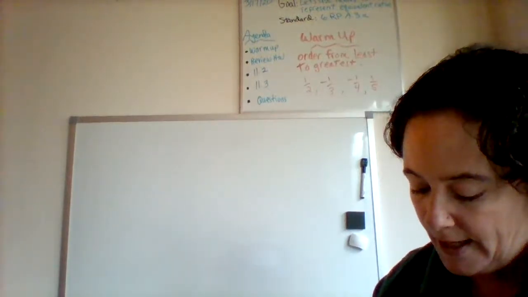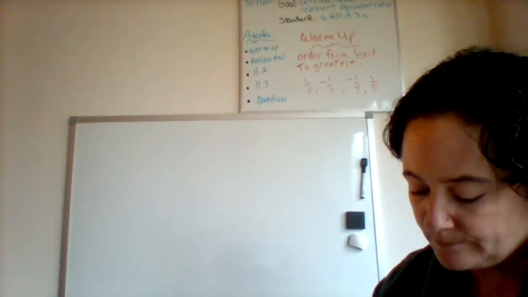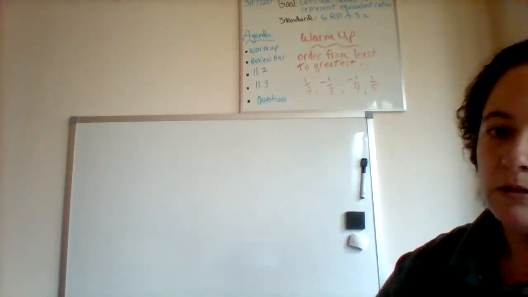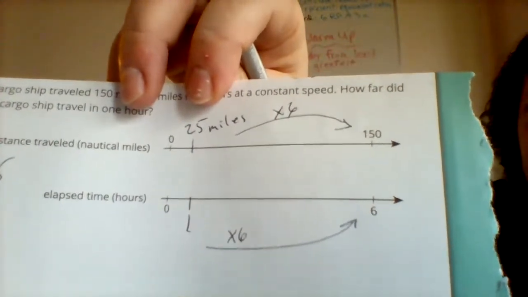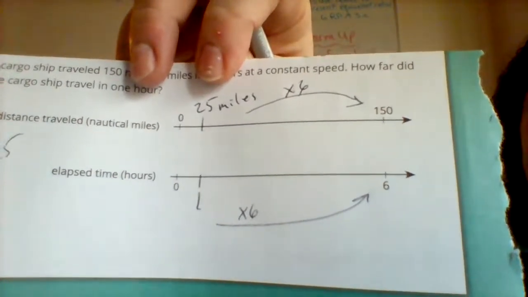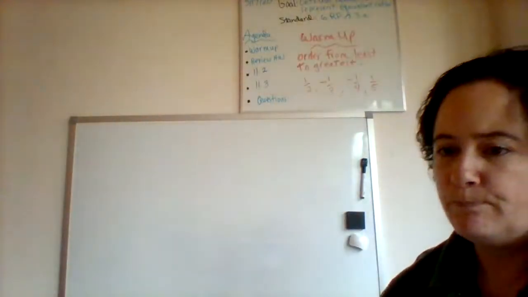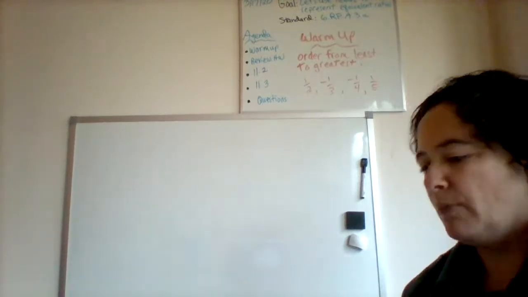So you can say 25 times 6 is 150, and 1 times 6 is 6. All right? Yes, ma'am. All right, you got it. Good job. Number 4.